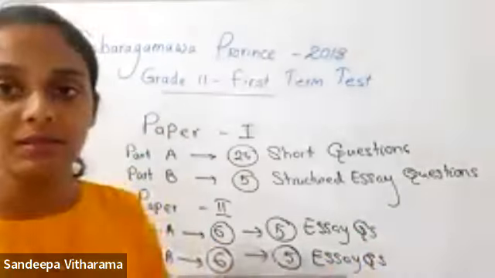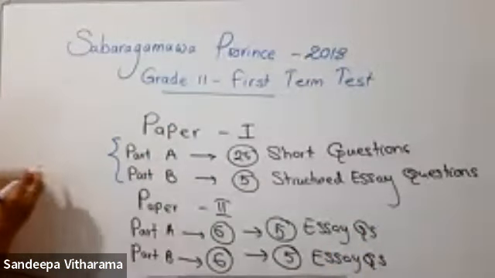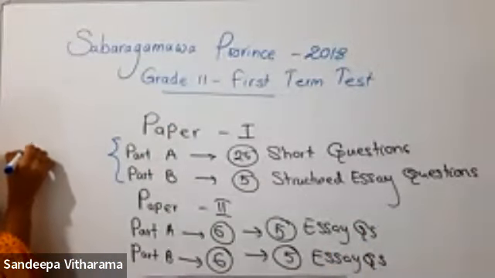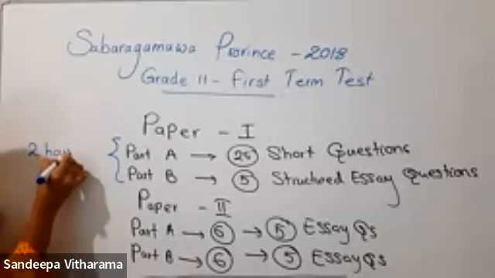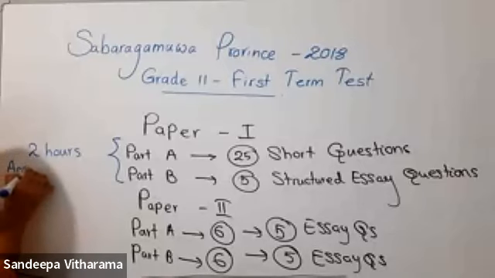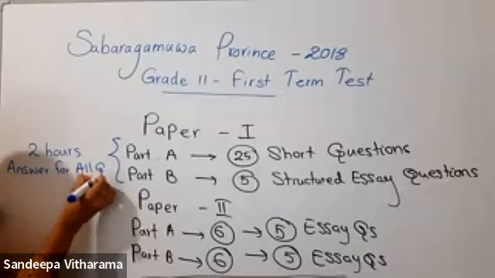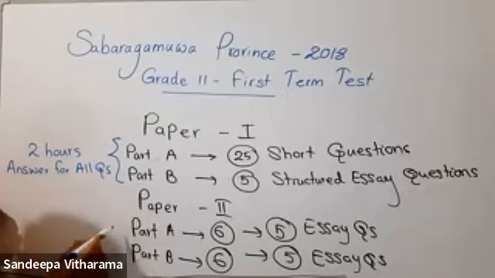If we discuss the time given for each of the papers, for part A and part B, you are given 2 hours and you have to write the answer for all questions. Okay, that is what you have to do.